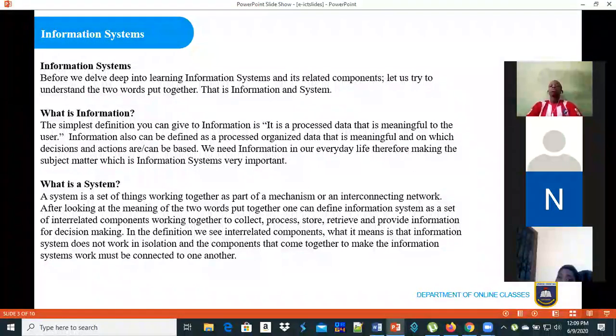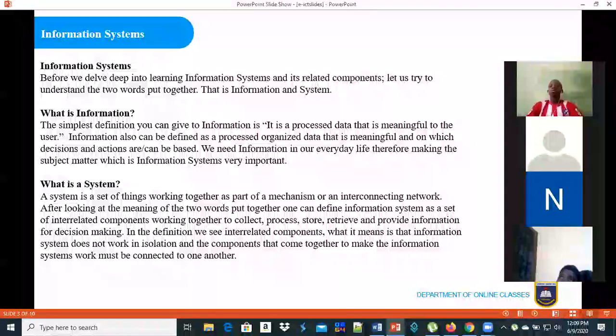So they went out there to collect the samples, process them, store them, retrieve them, and give the information to us. They also took a decision on how to disseminate that information to the public, how to release that information to the public.